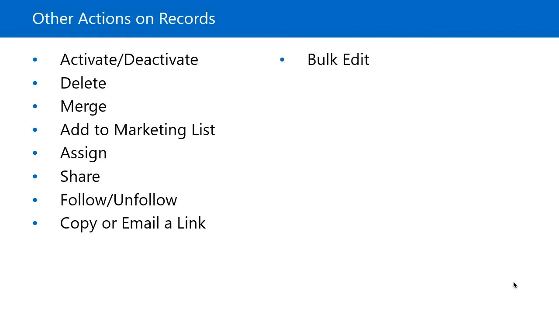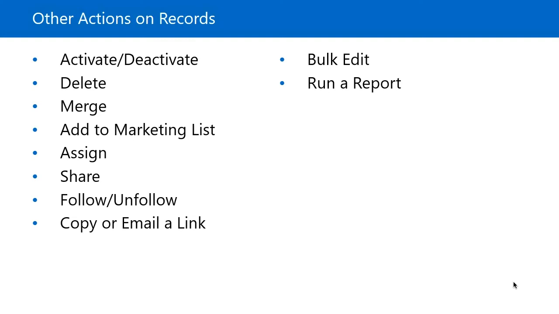Some of the other options we have is the ability to do a bulk edit. Sometimes users might want to edit multiple records based on defined criteria, or say have to change a date on several records. This is the action that will support that functionality. It's also possible to run a report.